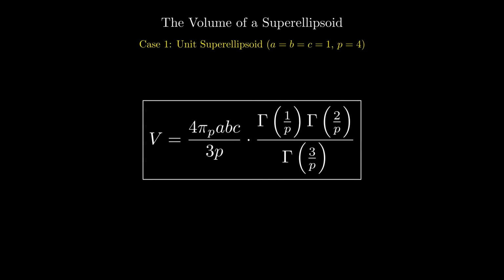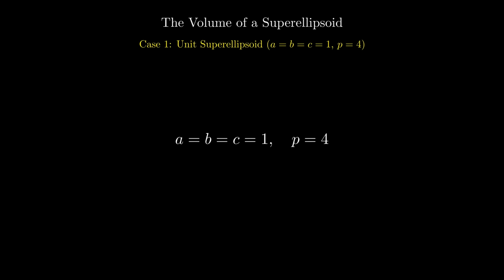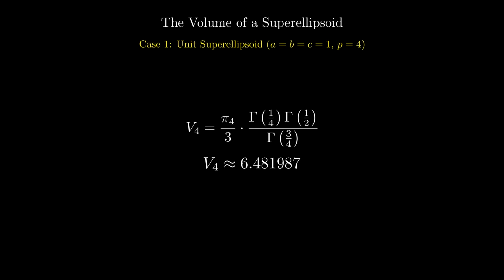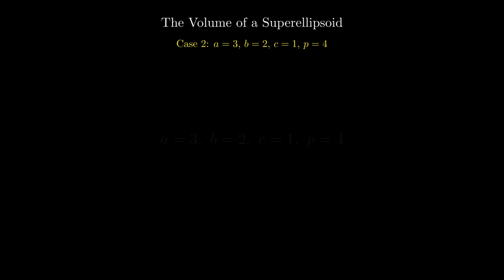So let's do some examples. So what's the volume of a unit superellipsoid? Well, just apply the formula. And now, let's calculate one where it's stretched into x and y direction.